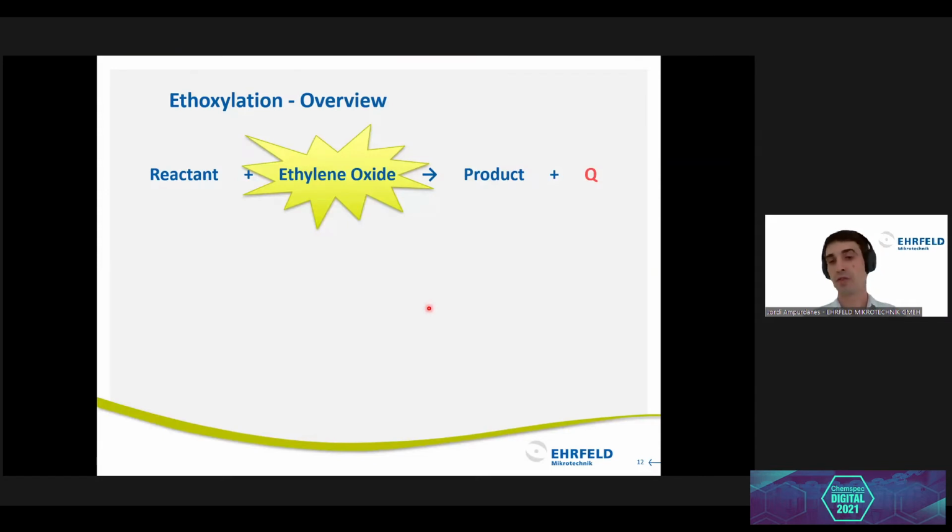Just in short, ethoxylation simply means the addition of ethylene oxide into a substrate, which in the end leads to the formation of a product and also the release of heat.